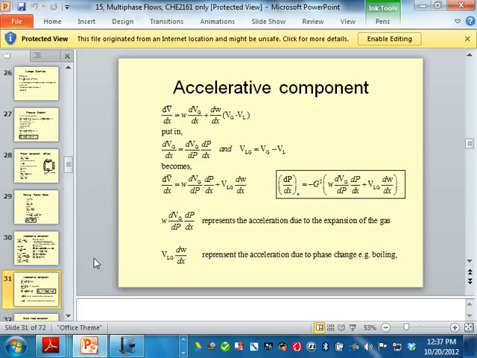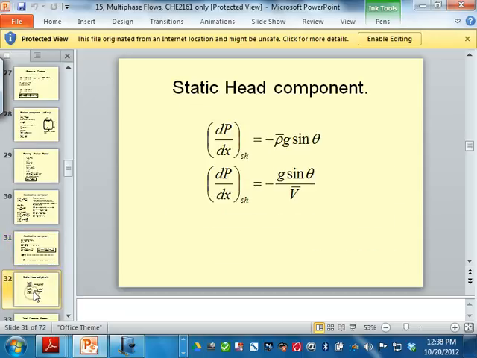And this one, d rho L minus d rho g, the change in density multiplied by the change in quality. So if there's a quality change due to boiling or condensation, then that multiplied by this also causes an acceleration. Okay so far? And the gravity one, well, that's just gravity, no problem.